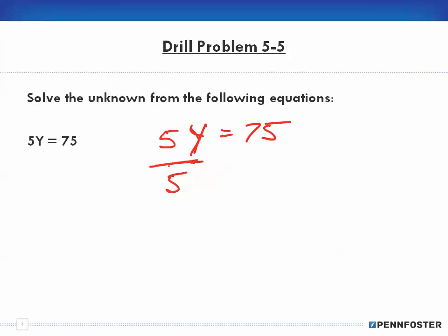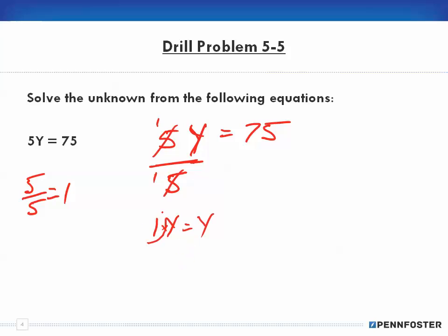Why am I going to do that? Because any number over itself is equal to 1. So if I do that, that cancels out and gives me a 1. So now I have 1y, and of course 1 times y is equal to y. It's the same number.